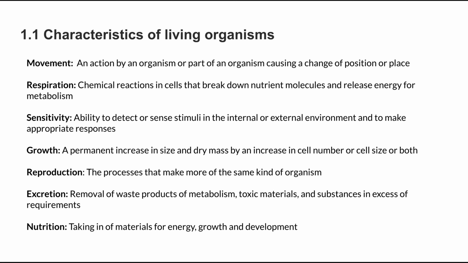Excretion is removal of waste products of metabolism, toxic materials, and substances in excess of requirements. For excretion, you have to remember all these 3 components, which we'll cover later. And nutrition is taking in of materials for energy, growth, and development.